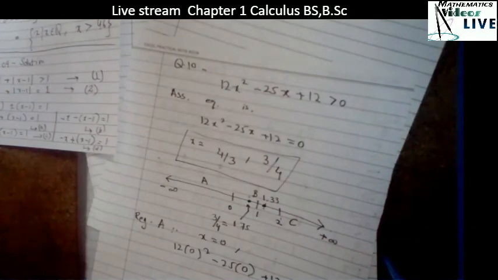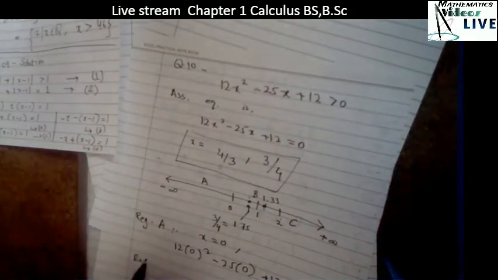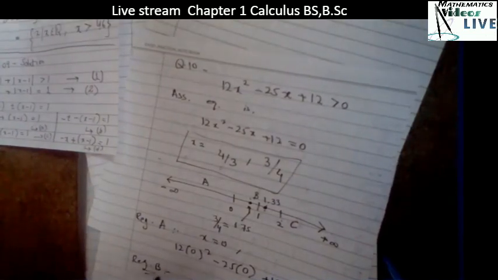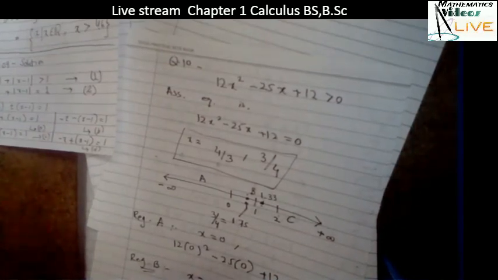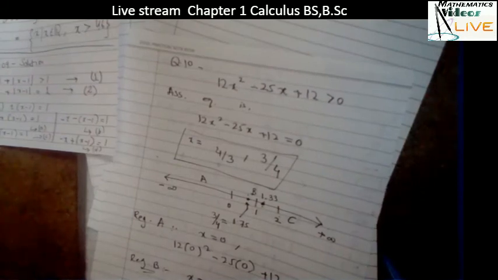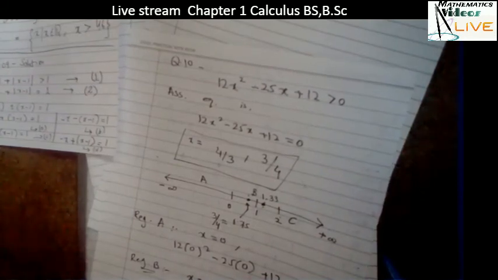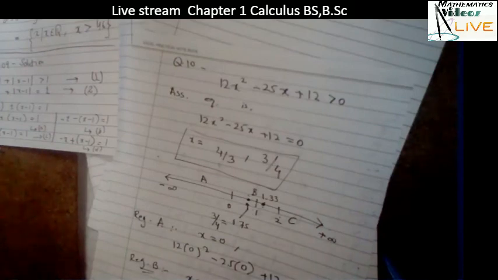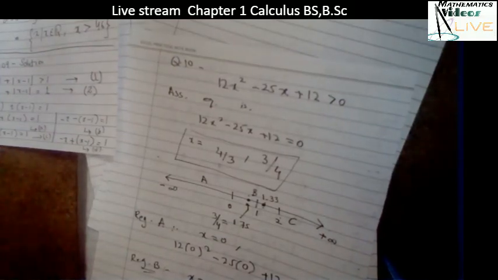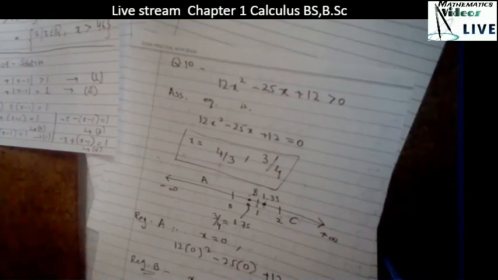One of the test points in region A is x is equal to 0, and when you put it into the given inequality, you will get 12 times 0 square minus 25 times 0 plus 12 greater than 0, which is true. So region A from minus infinity to 3 by 4 is included in the solution.